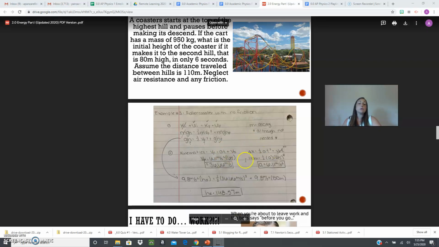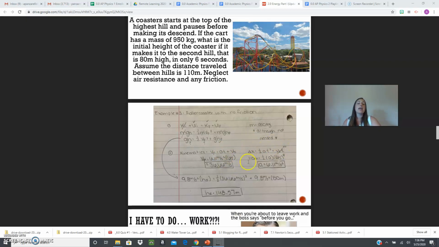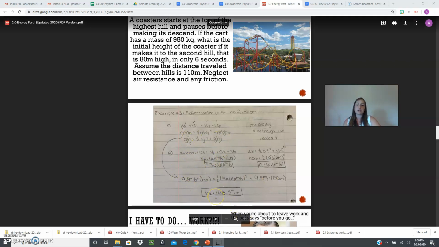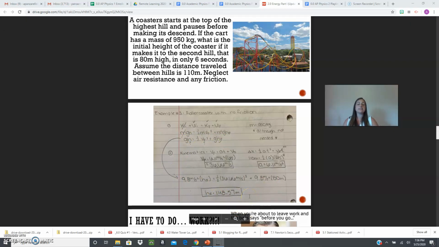Well, I know delta x, so I can use this equation first, solve for A, and then solve for VF. At this point, I have everything I need to plug back into that equation, and I'm able to solve for the initial height. So notice that I always start energy first, and then see, okay, do I have to do another step? Yes.